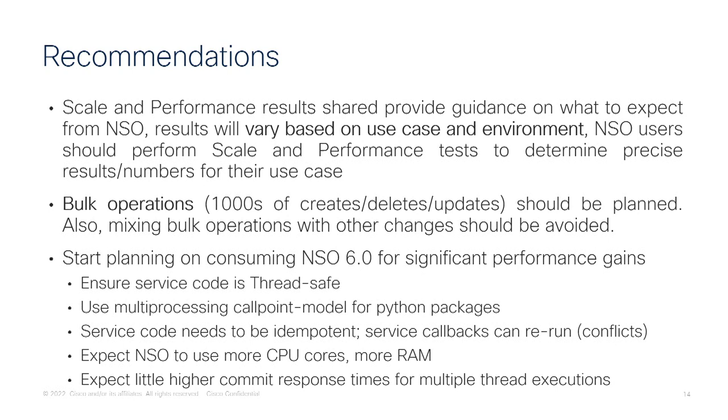The other one is using multiprocessing call points for Python packages. Multiprocessing is important when you have multiple call points in a Python package, or in a Python service, or in your action points. For things to run in parallel, it's essential that we change the call point model to multiprocessing.